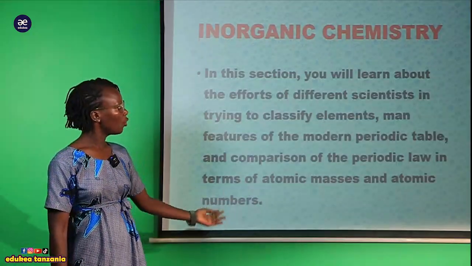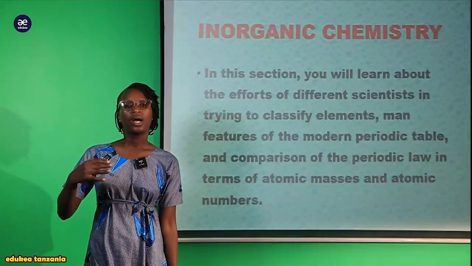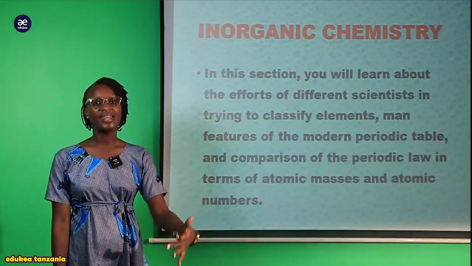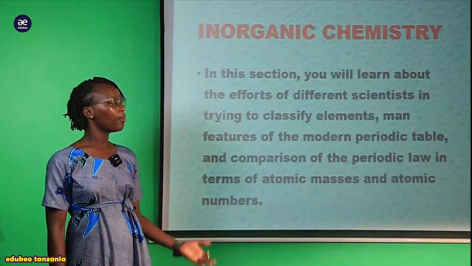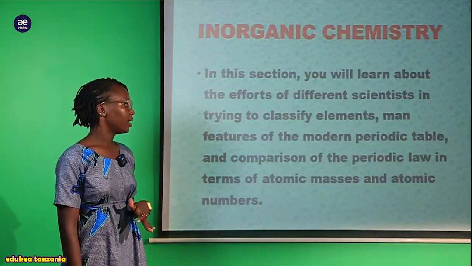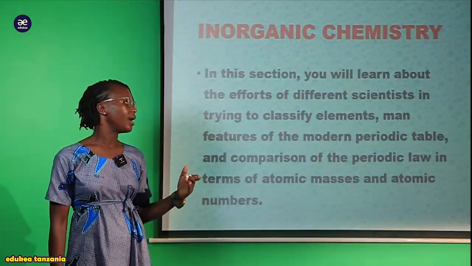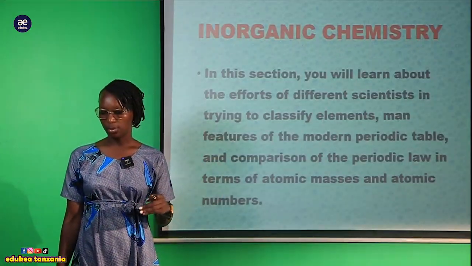Sasa tutaenda kuona kuhusiana na the issue of the different scientists, wataalamu mbalimbali walivyokuja na idea zao jinsi ya kufanya arrangement ya hizo element kwenye periodic table, wakiwa wamefanya consideration ya issue ya atomic masses lakini pia na atomic number. So as to bring up to the issue of modern periodic table ambayo ndio ile table ambayo inasomwa na everybody.